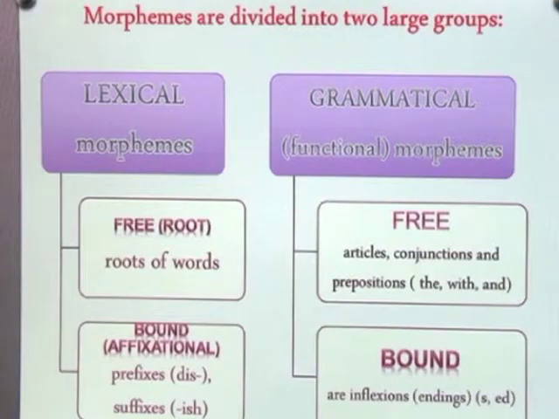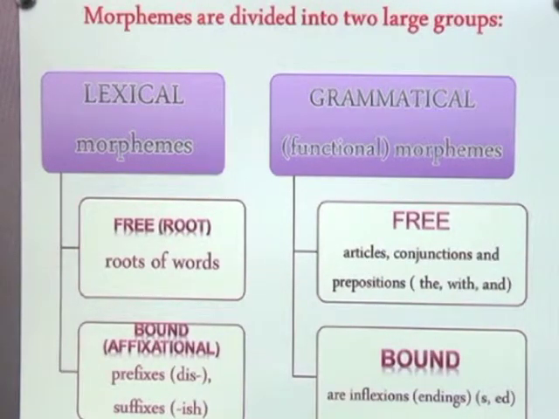Free lexical morphemes are roots of words, which express the lexical meaning of the word. Free grammatical morphemes are function words: articles, conjunctions, and prepositions. Here you can see the examples: the, with, and.